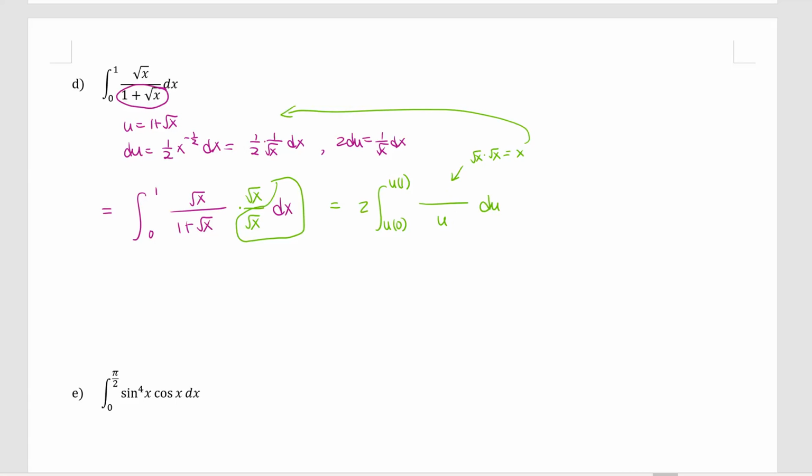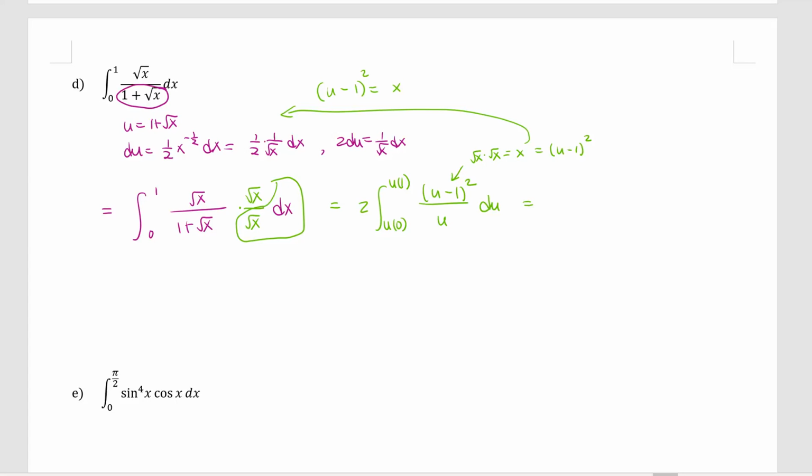Solve for x in this formula about u and x. So we subtract 1 from both sides. And we square it. Okay, so x is u minus 1 squared. We put u minus 1 squared here. Okay, so this is the process, how we think.